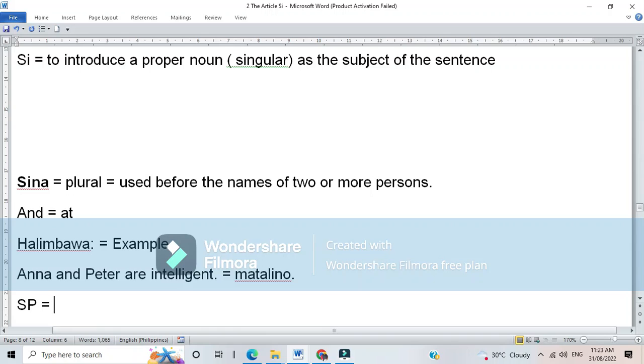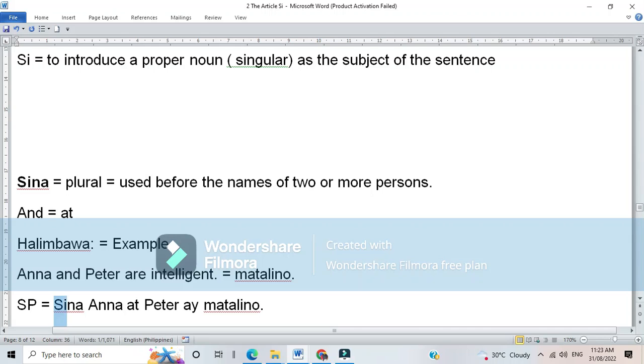So again, what is the article to be used if we have two or more proper nouns or names of persons? Okay, so that is sina. Okay, sina Ana, and the word and in Tagalog, that is at, Peter. And then, since we are using the subject predicate sentence, we need to use ay. Then the predicate, matalino.